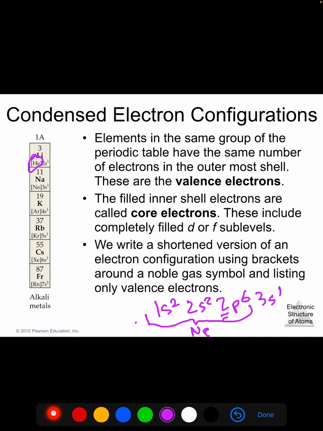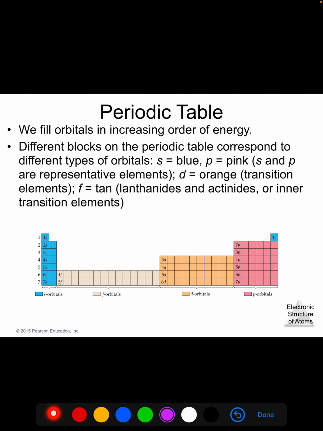You can also do this by looking at the periodic table, but I want to make a point about several things. I'm going to have you practice writing these. You have a choice of writing it and figuring it out from the table. For example, oxygen would be right here. 1, 2, 3, 4. It would be 1s2, like helium, 2s2, and 2p, 1, 2, 3, 4.